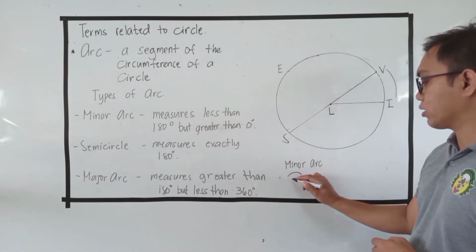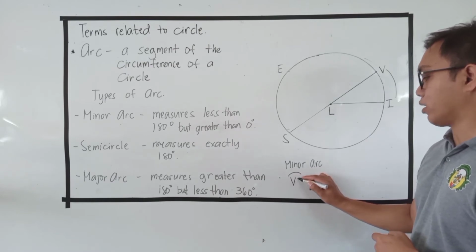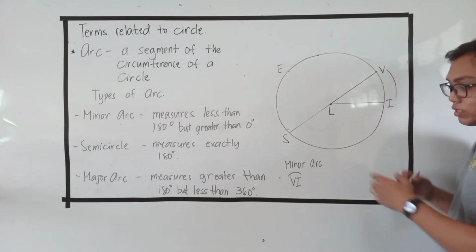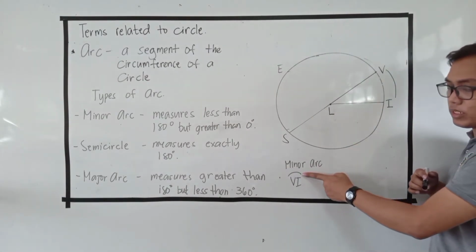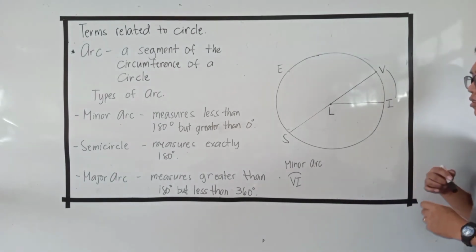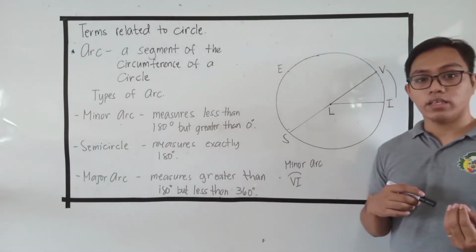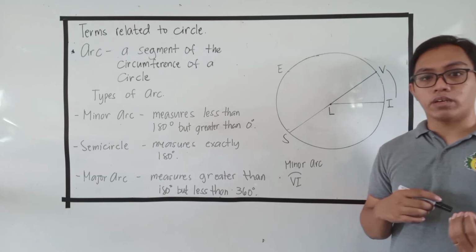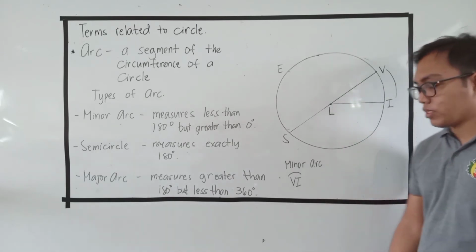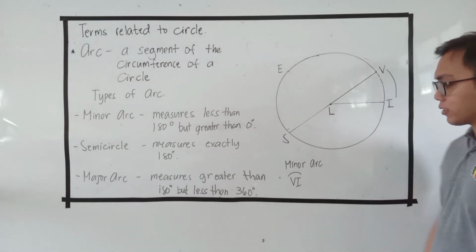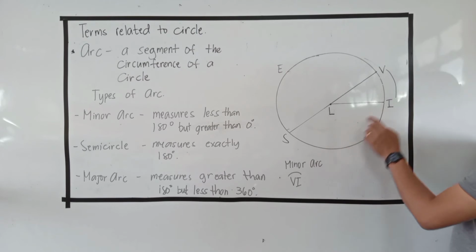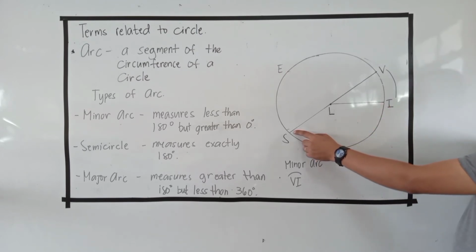Therefore, it is a minor arc. By the way, the symbol for writing arc is this curve above. Also, while writing the name of a minor arc, we are just going to use 2 letters, signifying its 2 endpoints. Aside from arc VI, we also have arc IS.